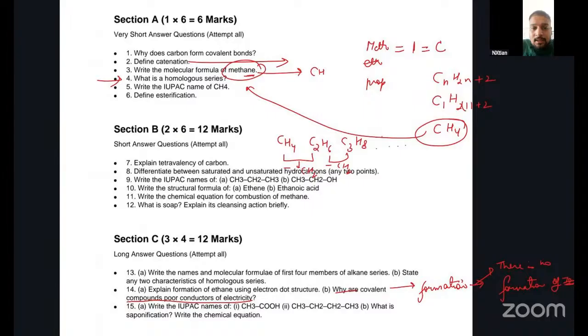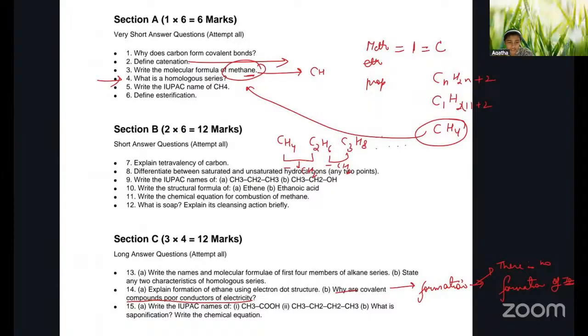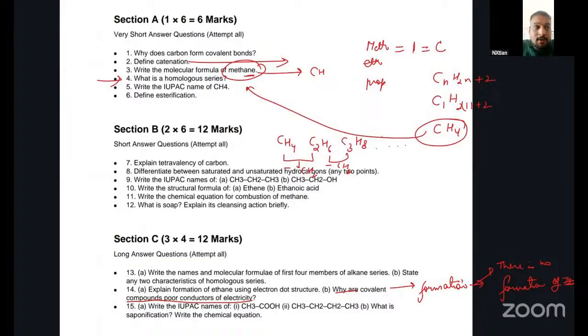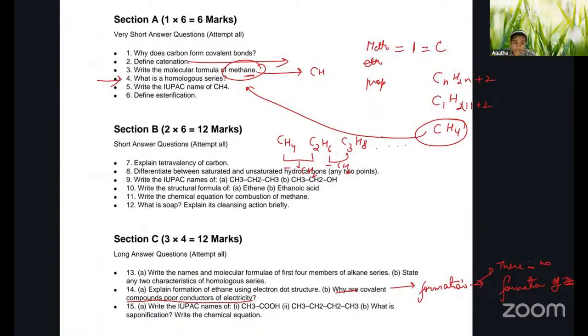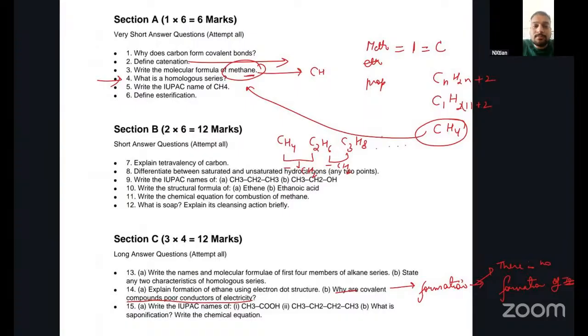Everyone got this? So a homologous series is a series of carbon molecules in which the difference is CH2, which have similar chemical properties but different physical properties. That's it on the homologous series.